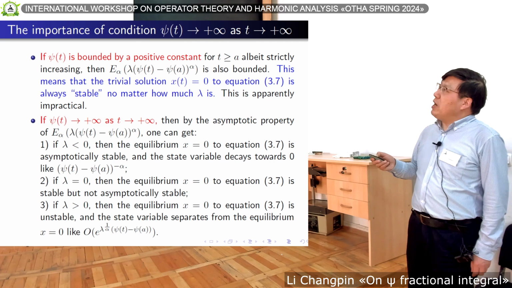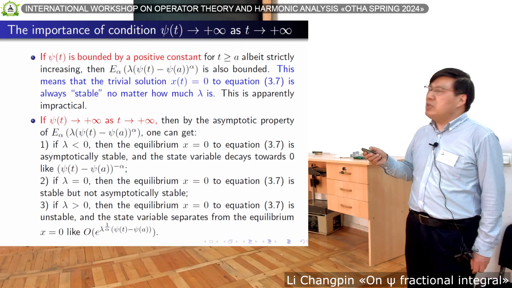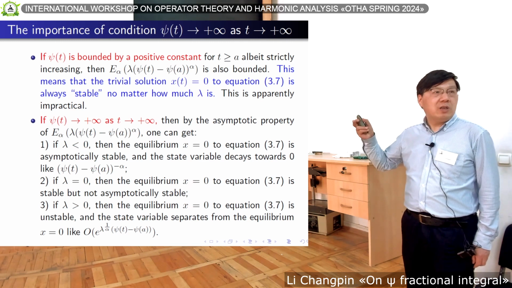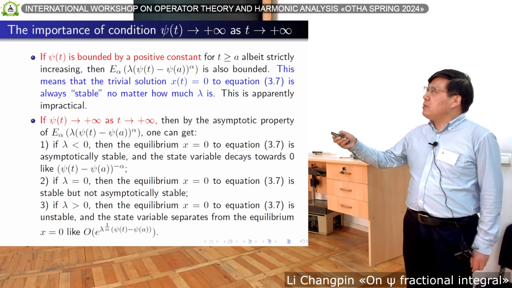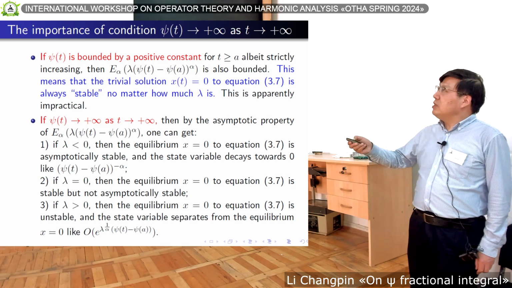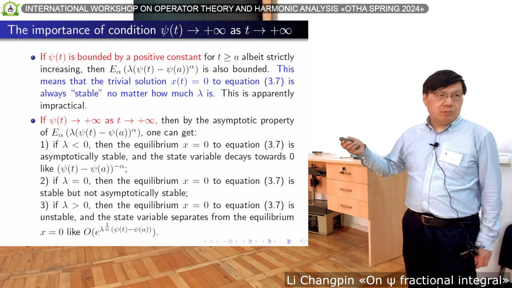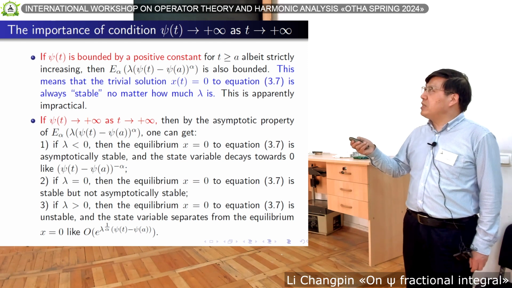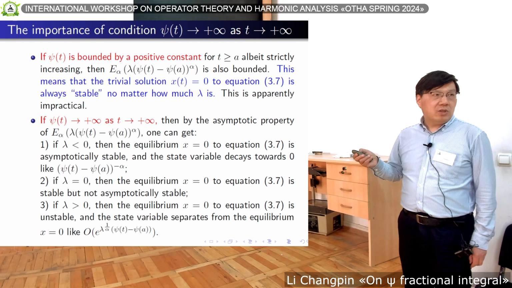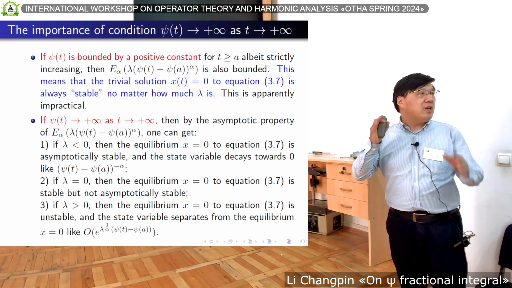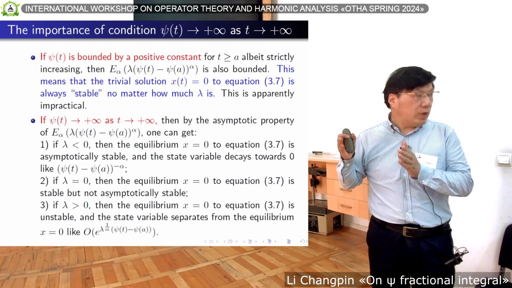If this condition holds, since psi(t) is strictly increasing but unbounded, then this function can be bounded. Then the trivial solution is always stable, no matter what lambda is. This is apparently impractical, so we need the condition.